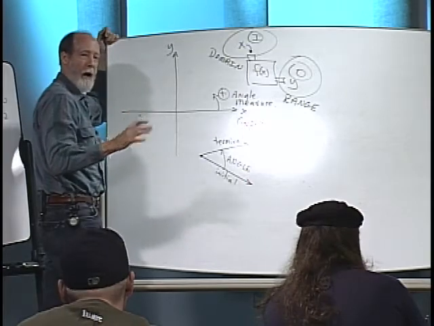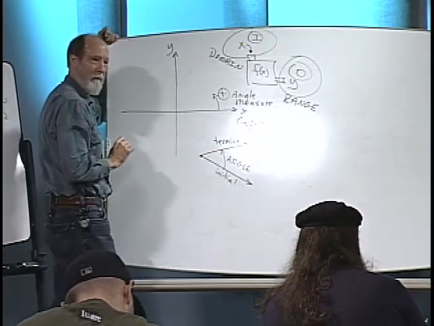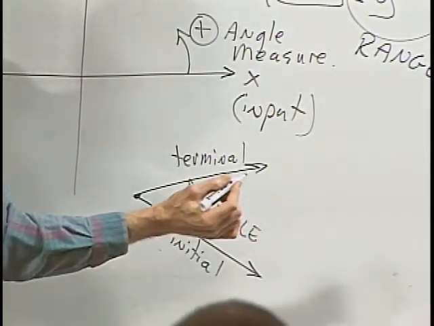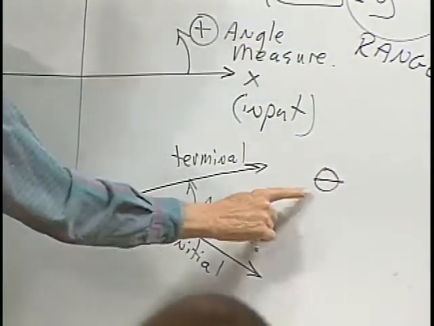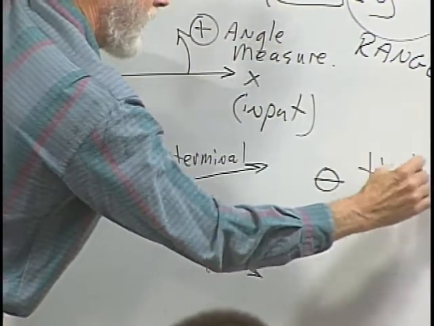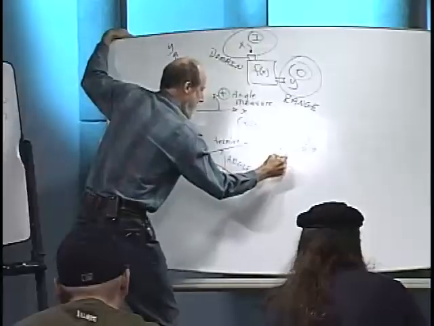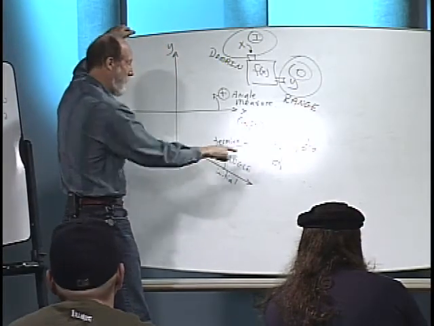We use a lot of Greek letters to represent angles in most textbooks. Here are a few of the Greek letters that we will be using throughout the course. This symbol is theta. If I draw something looking like a fish swimming to the left, that's called alpha.